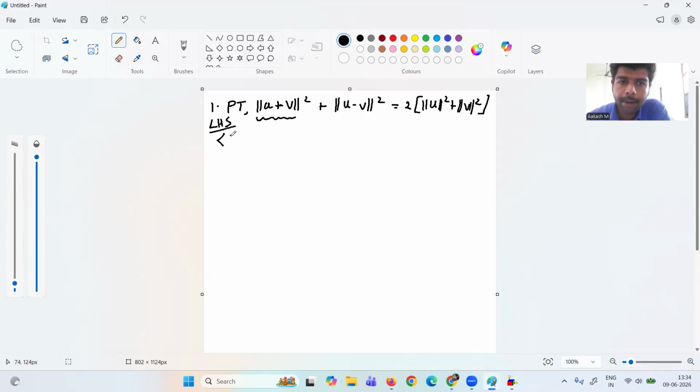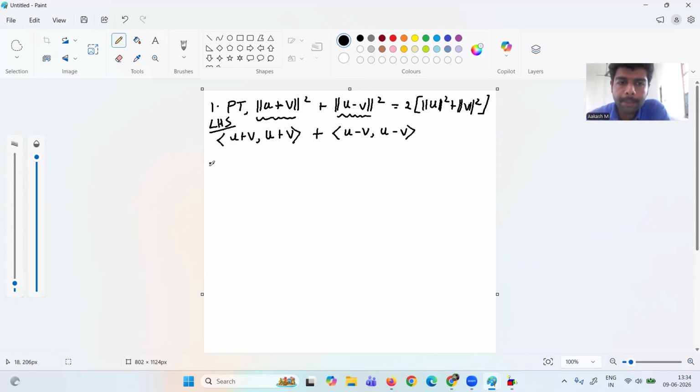Inner product of U plus V, comma, U plus V. I expand this first term. Now I am expanding the second term of the LHS, plus inner product of U minus V, comma, U minus V.